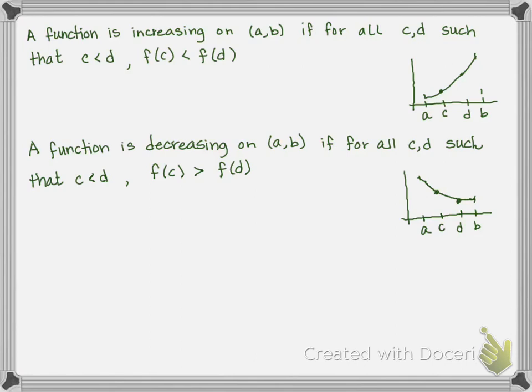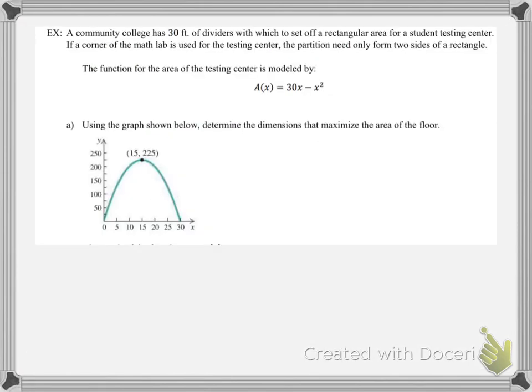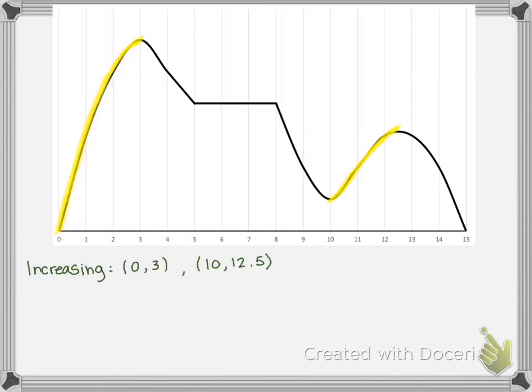So if we go back to our journey, where are we walking downhill? 12.5. Very good.